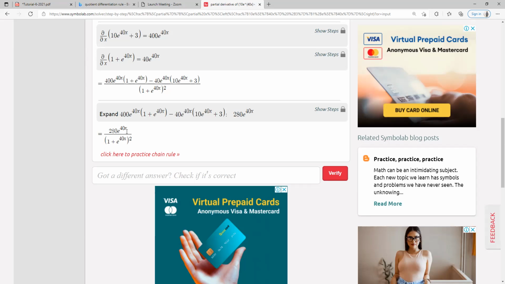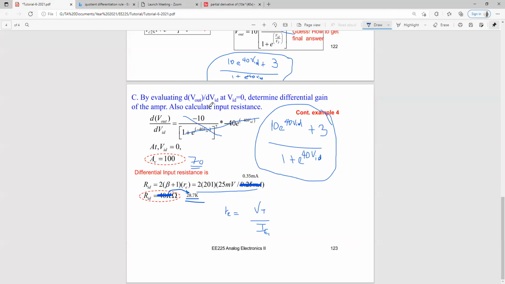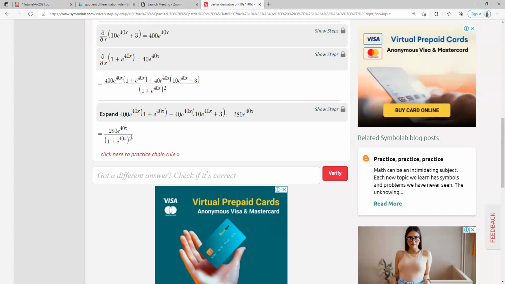Remember, our x is a representation of VID. Going back, once we have differentiated this, it says find the differential gain at VID equal to 0. This is the gain equation: 280 e to the power 40 VID divided by 1 plus e to the power 40 VID, whole squared.